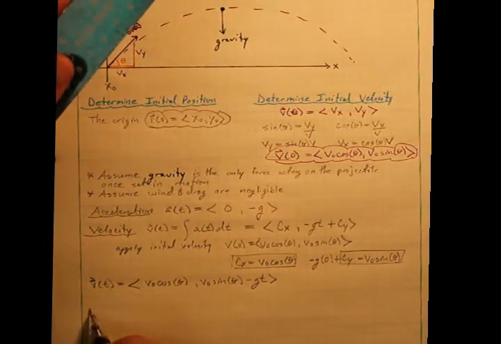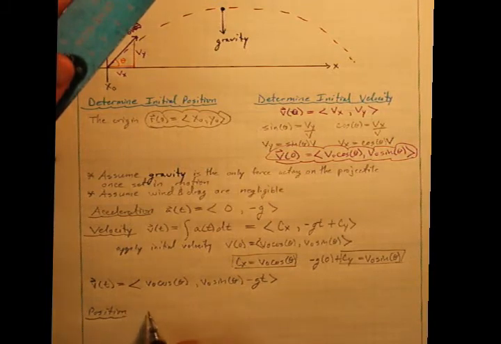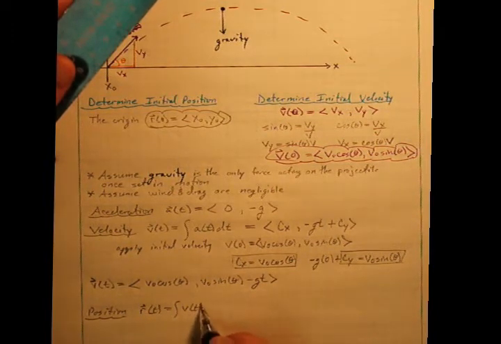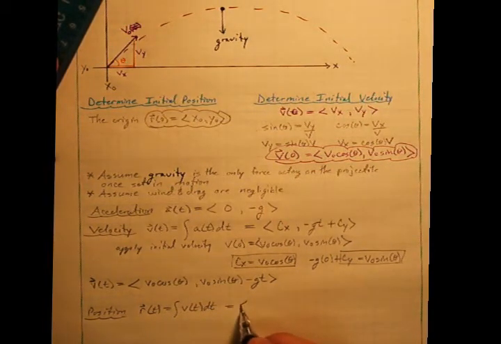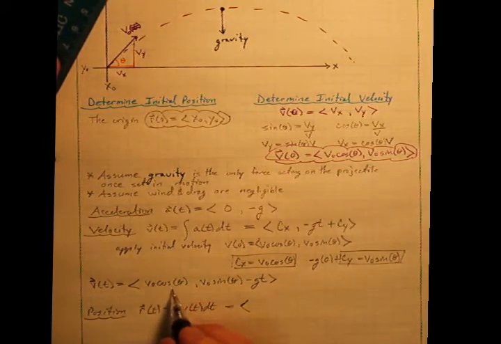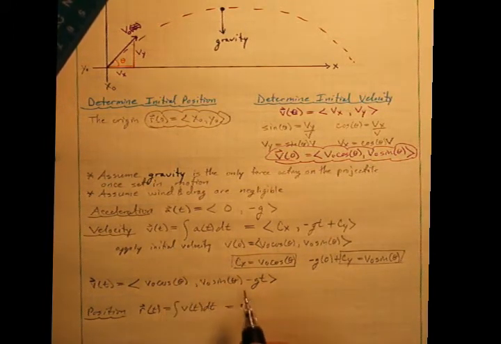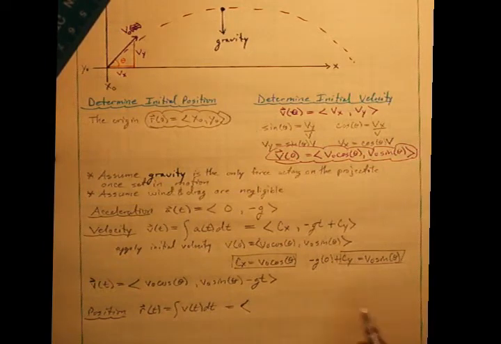Okay, so now to determine position, I want r of t. We're going to denote for our position vector, and that's going to be the integral of velocity. Okay, now again, remember we're integrating with respect to time. In this component there is no time. So as I integrate v naught cosine theta, it's just like integrating a constant.